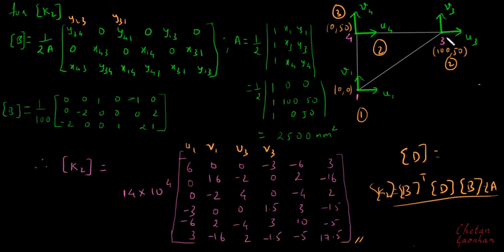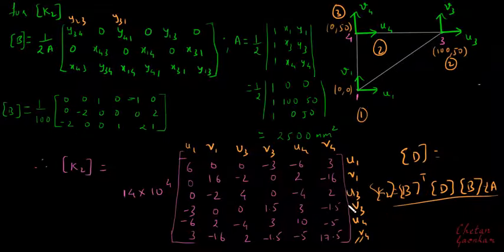This term will correspond to u3 v3, whereas this term will correspond to u4 v4. Again the same thing, wherever there should have been number 2, that will be replaced by number 3, and wherever there should have been number 3, that will be replaced now by number 4. So similarly this will be u1 v1, u3 v3, and this will be u4 v4.